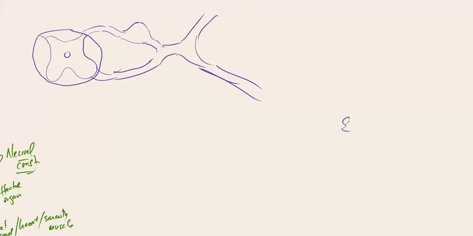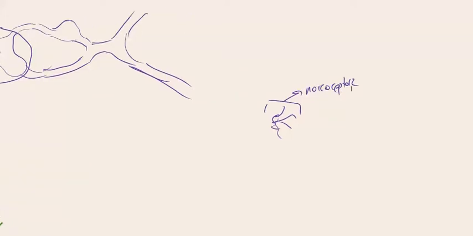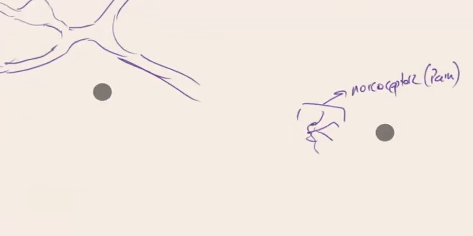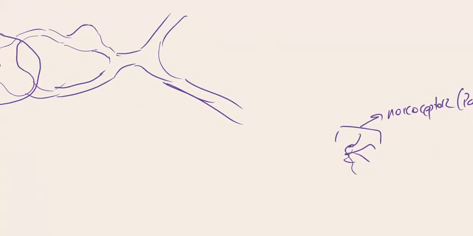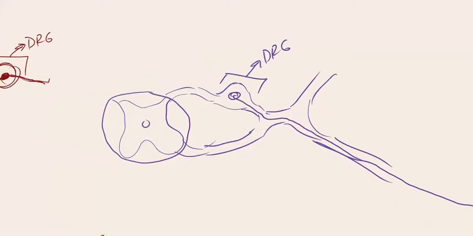Let's just say you have a free nerve ending, the nociceptor, the pain receptor. I'm butchering this, but this is the free nerve ending of the pain receptor. The axon would travel, and then the cell body would be right here in your dorsal root ganglion. And then from here it enters through what?